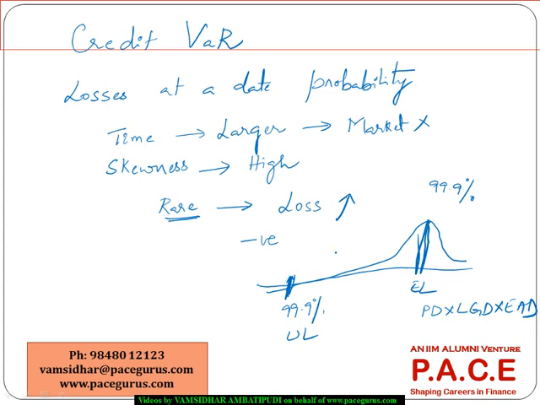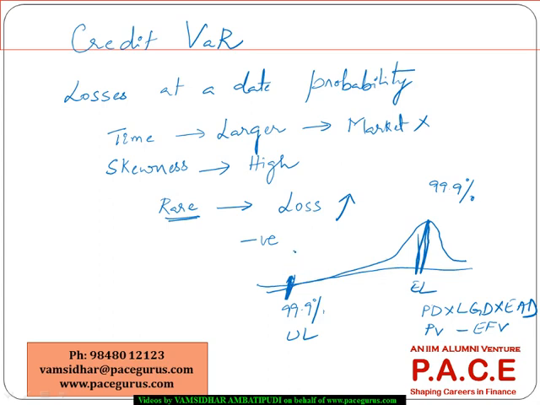The expected loss is nothing but the difference between the par value and the expected future value of the various payments that are coming on this particular bond. Whereas the unexpected loss is purely that 99.9 percentile quantile, which is in excess of this expected loss.